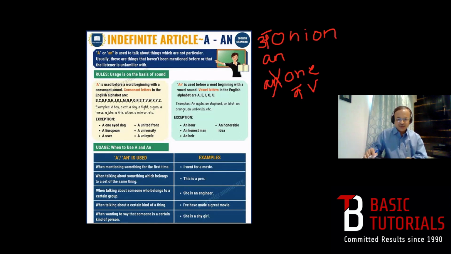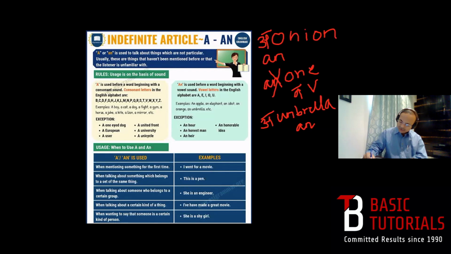A European. How is it pronounced? European, European, user, united, university, unicycle. All of these, let's take the example of umbrella now. Umbrella is pronounced as umbrella. Since it's a vowel sound, we write an.